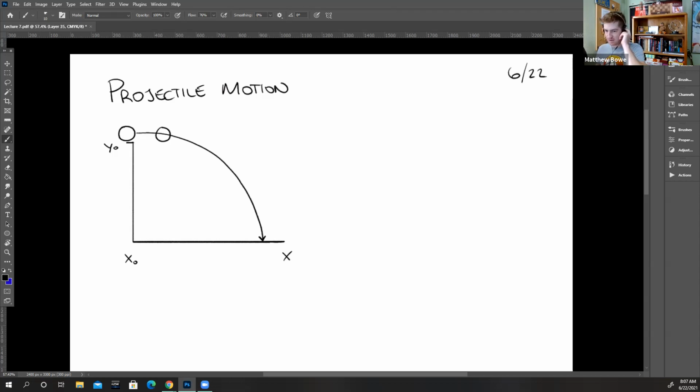After another quarter of a second, the ball would appear here. After another quarter second, the ball's here, and after another quarter second, it would be at the bottom. So this is me slicing this path up into equal intervals.